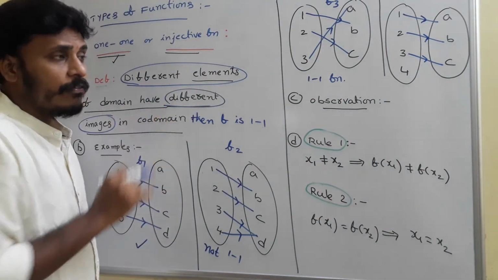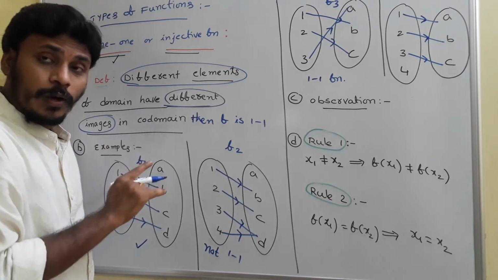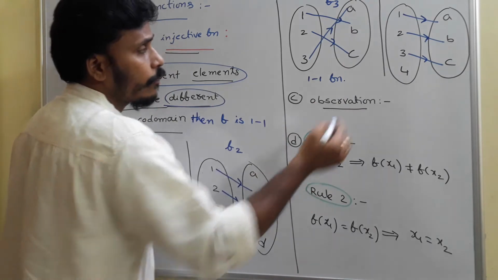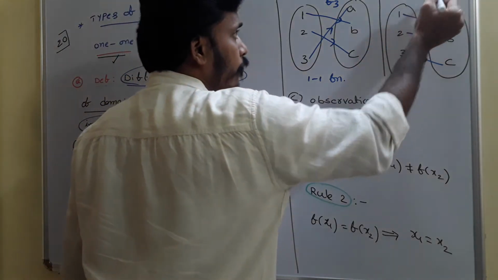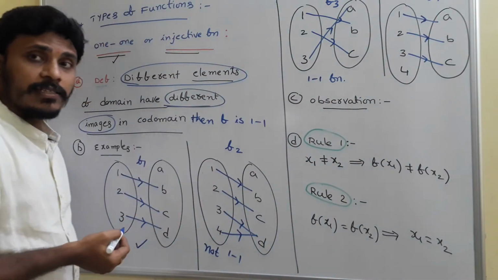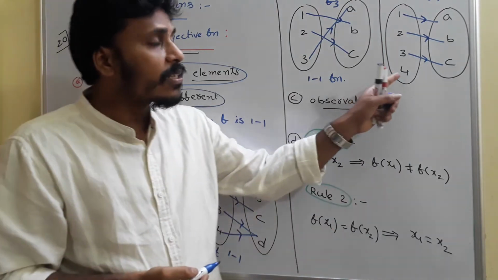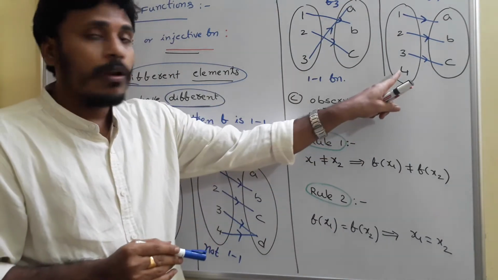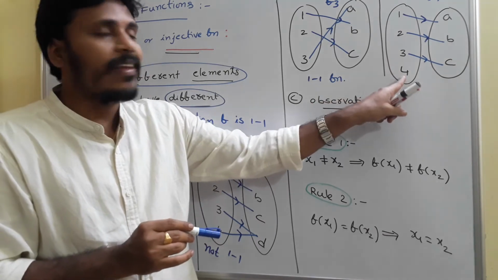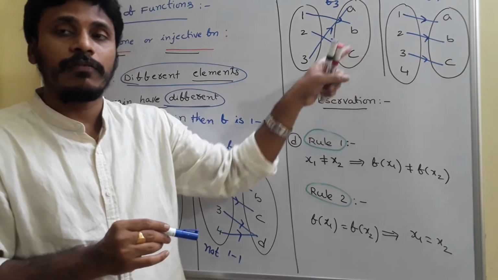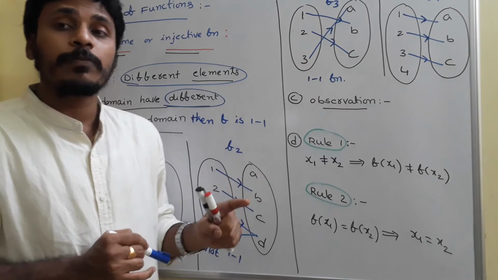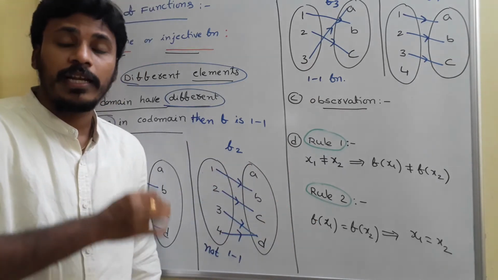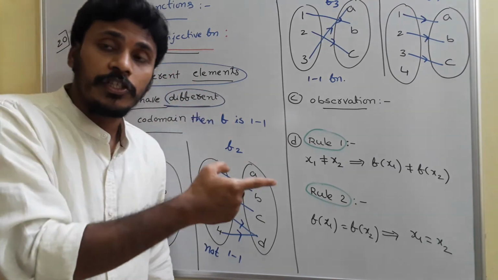So what to say about it? Whether it is one-one or not. If you say this is a function f4 from the first set to the second set, then basically this is not a function. Why? Because 4 does not have any corresponding relation with the elements of the second set. As per the definition of a function, every element of the first set must have an image in the second set.